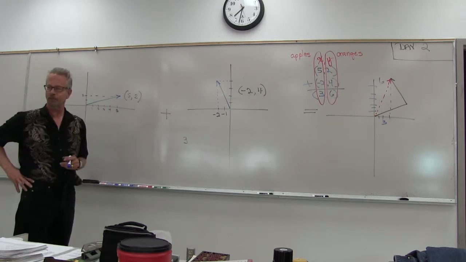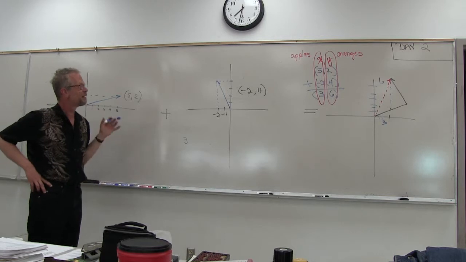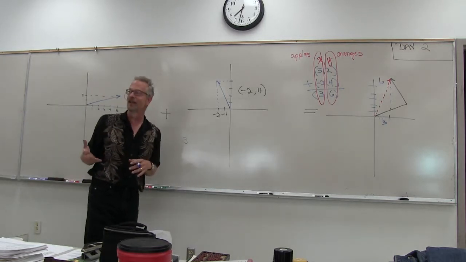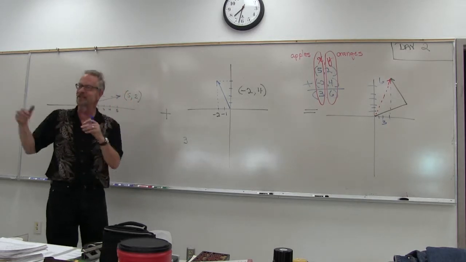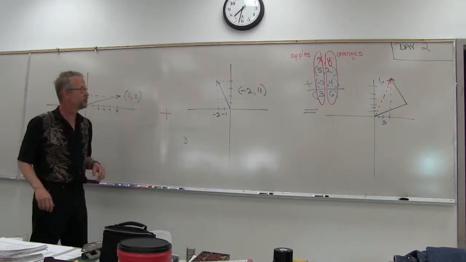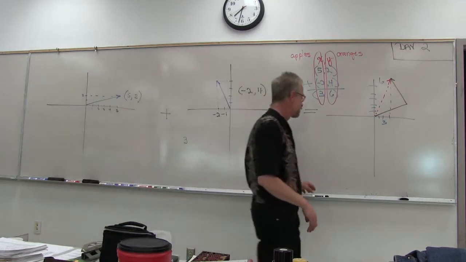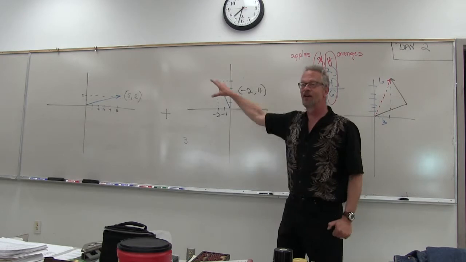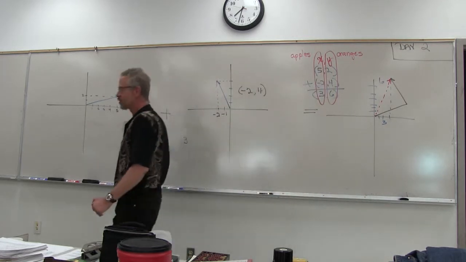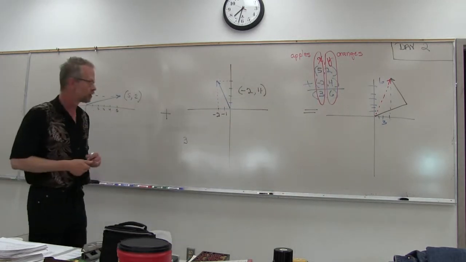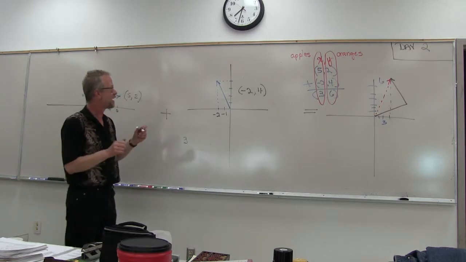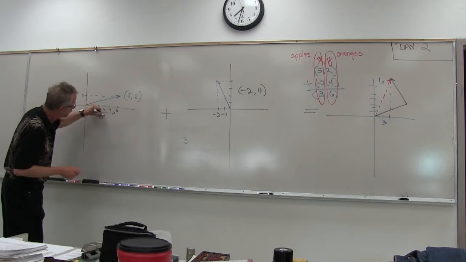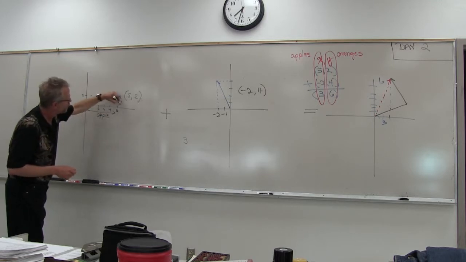Okay? So I need to come up with a way that when I look at a number, I can tell if it's a y number or an x number. And we're going to use a letter of the alphabet to do that for us. We're going to change the way we write these down. Instead of writing them down in terms of an ordered pair, we're going to write them down as a combination of an apple and an orange.